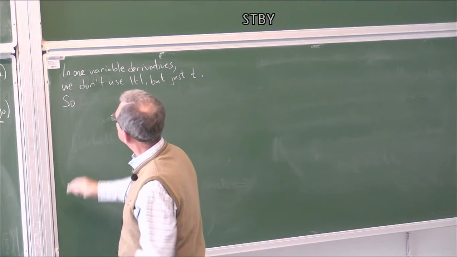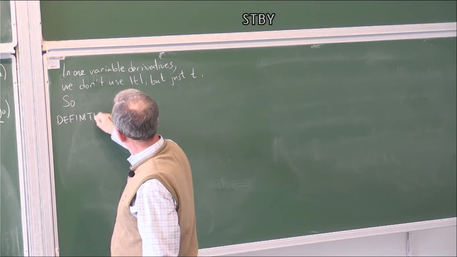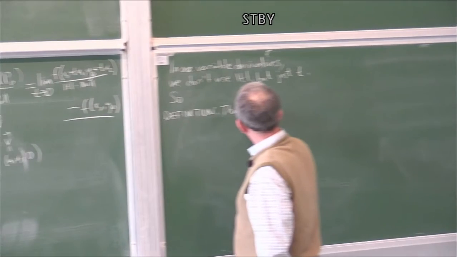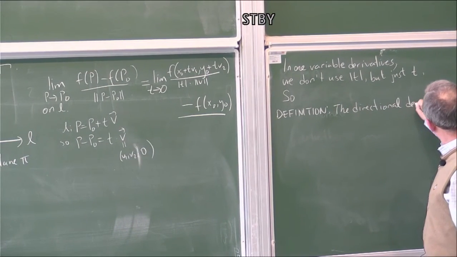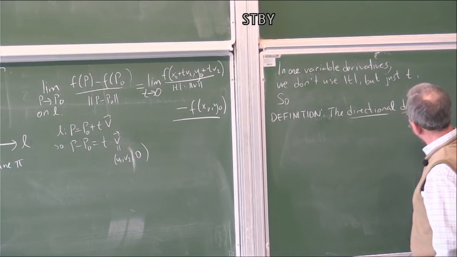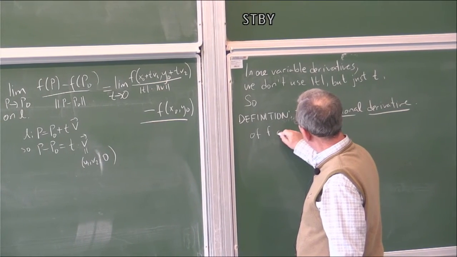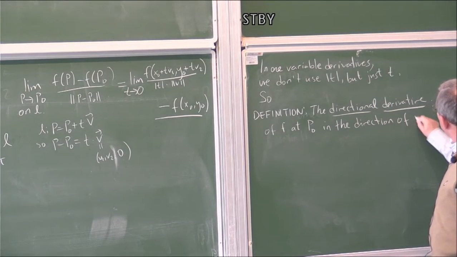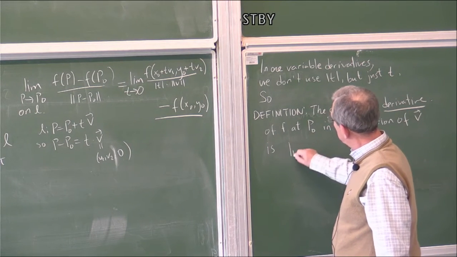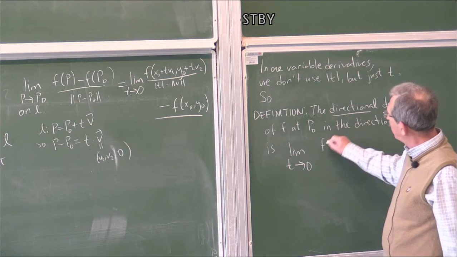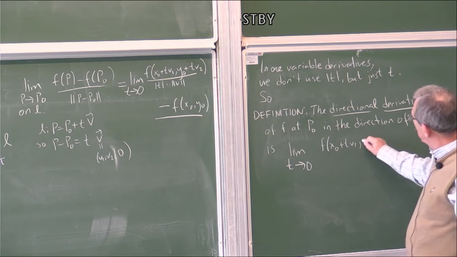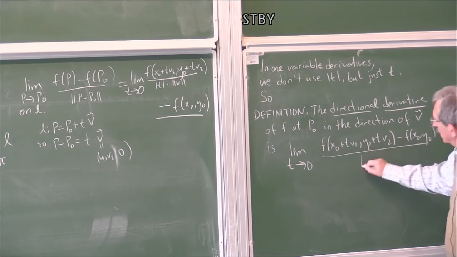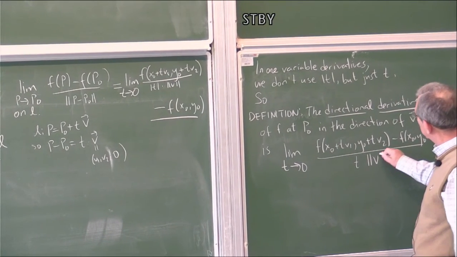So, let us define this, the definition. The directional derivative of f at p0 in the direction of v is the limit as t goes to 0 of f of x0 plus tv1, y0 plus tv2, minus f of x0, y0, divided by t times the length of v, of course.